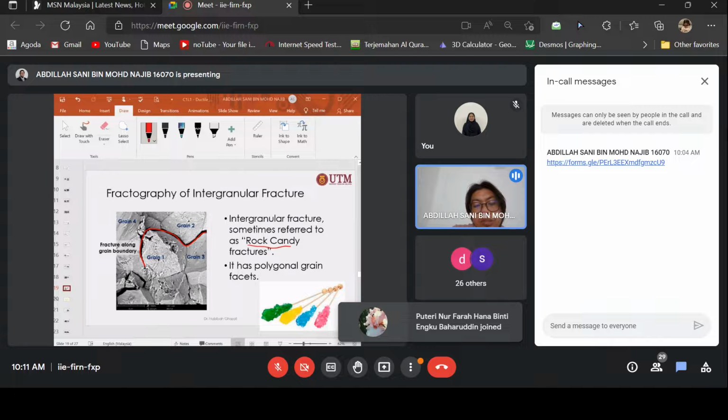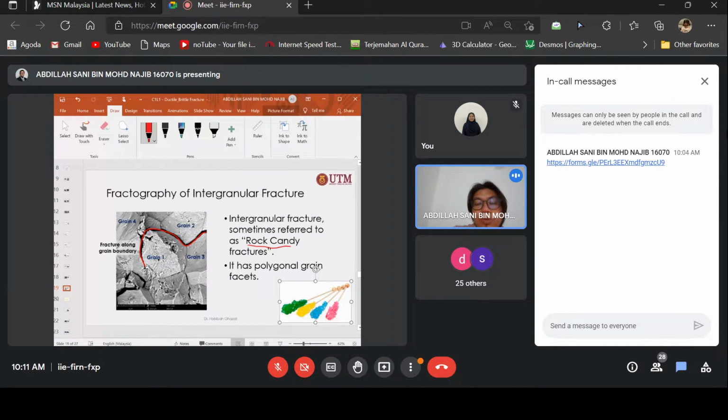And the intergranular fracture, I think towards the end of last session, we said that it's sometimes referred to as rock candy. This is the rock candy. So it looks like that, and the surface, when you look at it under the microscope, or under the SEM, you could actually identify those characteristics.